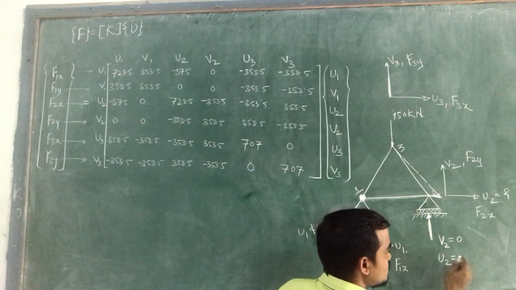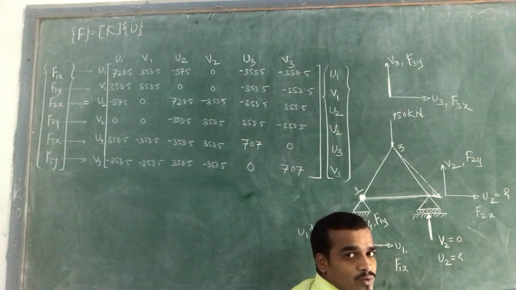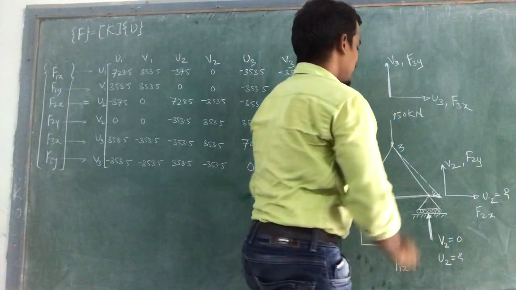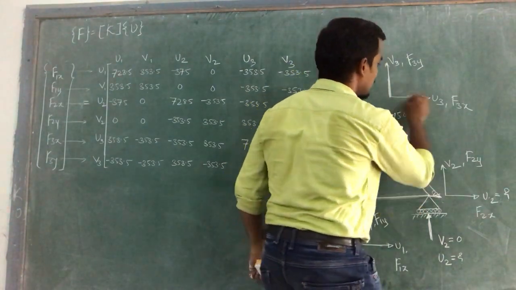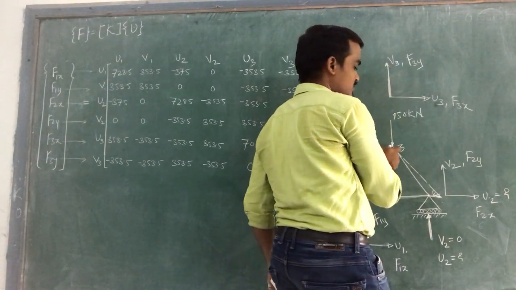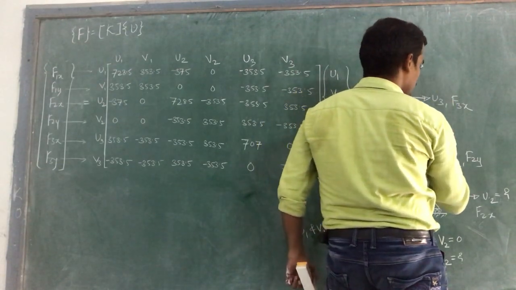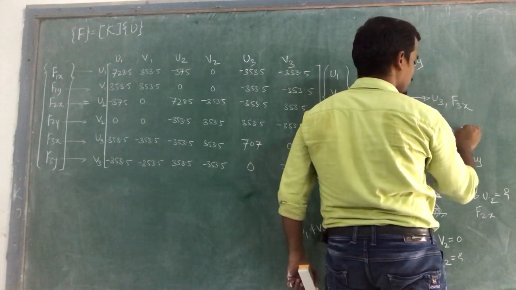So U2 is unknown and we need to find it out. And at the third node, there is no support here, so we need to find out U3 as well as V3.